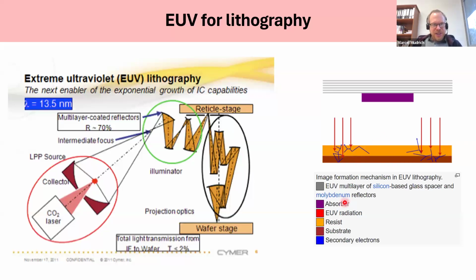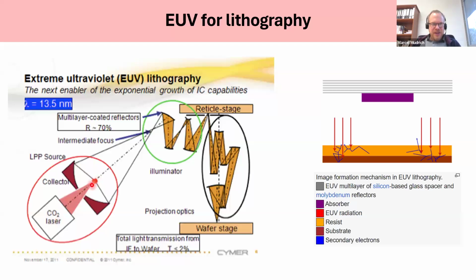But the bottom line is these multi-layer mirrors are very important for this photolithography technology. Although reflectivities are low, we are talking about 50 to 70% only in a narrow range, 13.5 nanometers, and we need very special light sources.